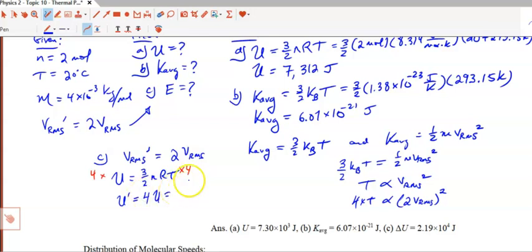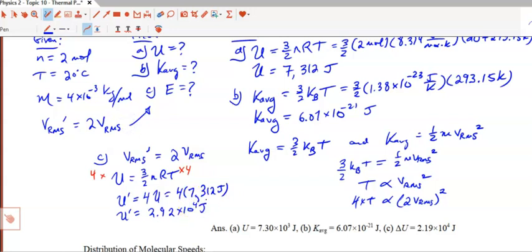And my original energy I had gotten earlier was 7,312 joules. If I multiply that out, my new internal energy is going to be 2.92 times 10 to the power of 4 joules.